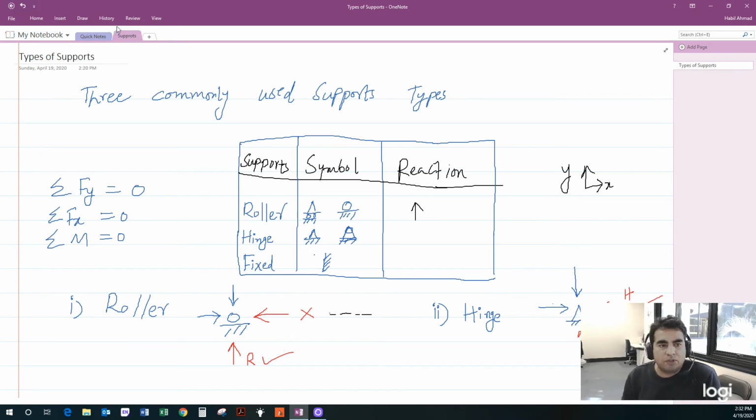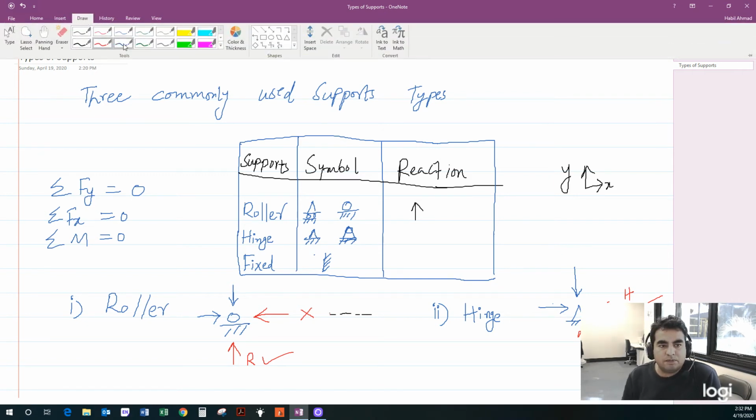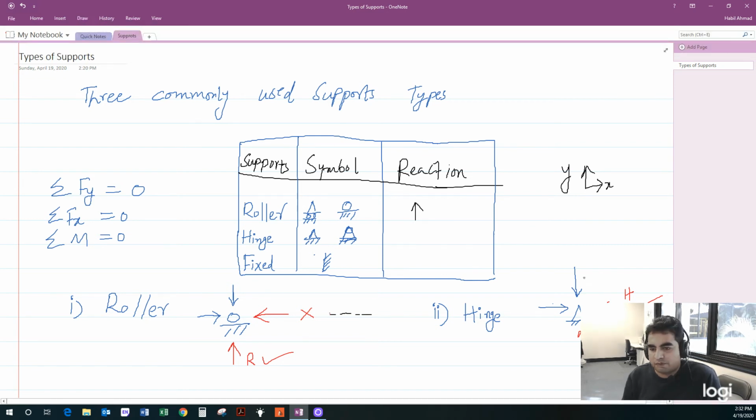So suppose there is a moment because of any applied load or reaction, this support is not able to resist any moment.